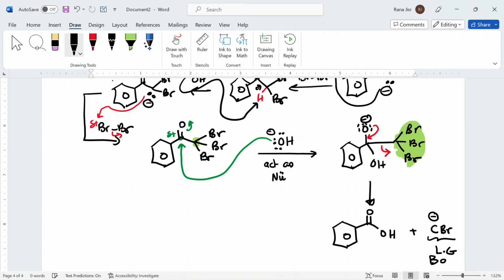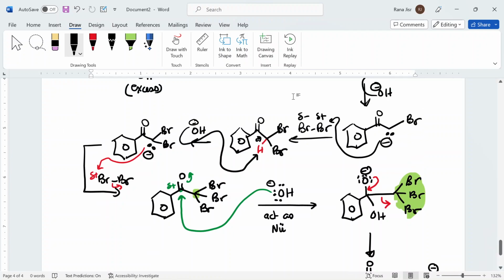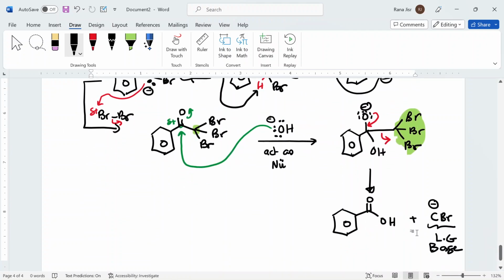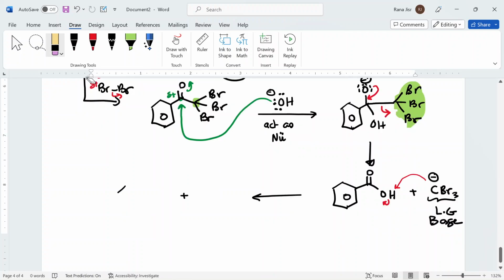This is going to be a base. Always look at the medium that you are working with. Your medium is basic. It doesn't make sense to get the acid. So that base is going to come and it's going to take that acidic hydrogen and form the carboxylate.